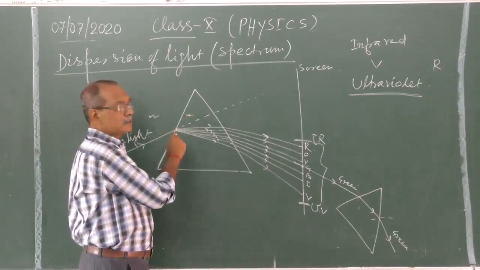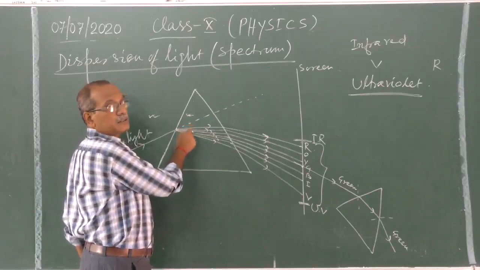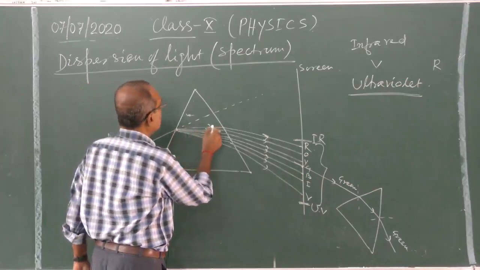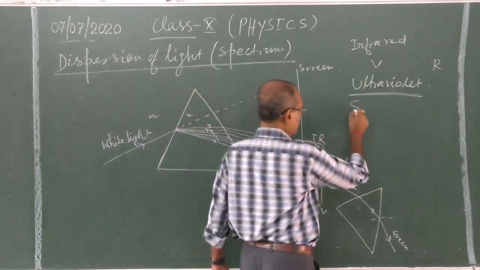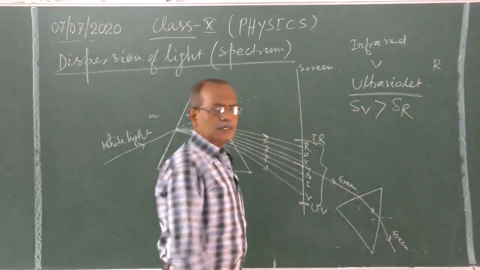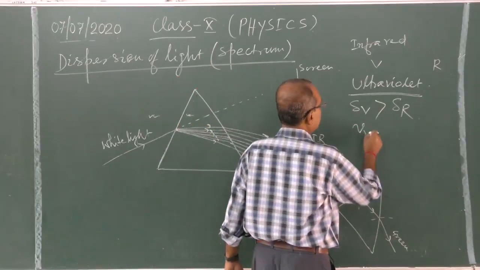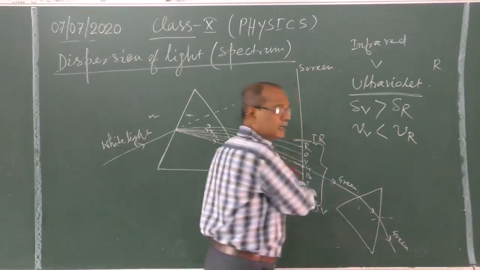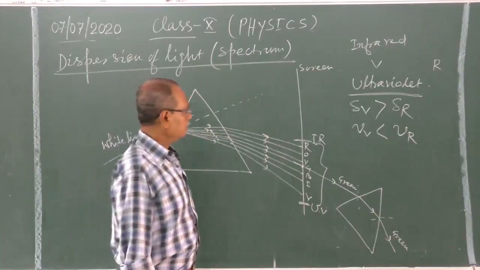Due to different wavelengths, speeds are different, so they will deviate differently. It means deviation of violet is more than deviation of red. Speed of violet is less than speed of red inside a medium other than air or vacuum.